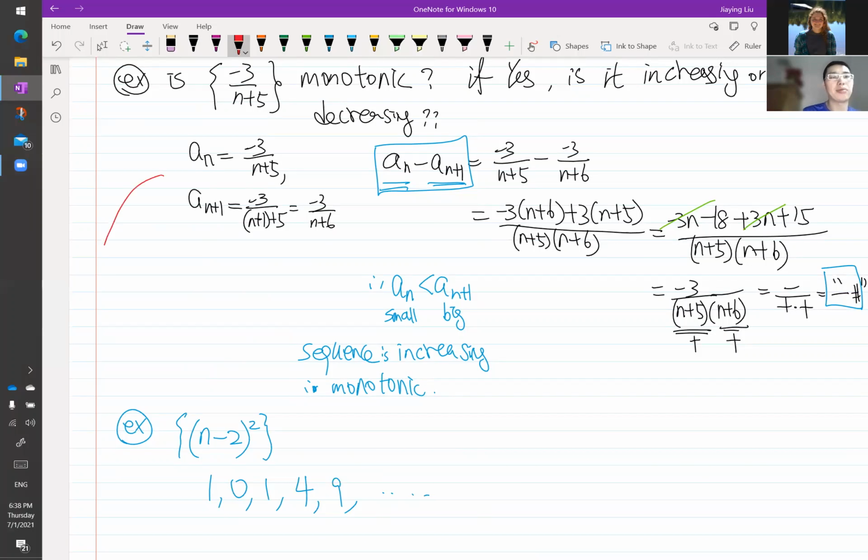I might be wrong, but it goes down and then goes up. So you have a sequence that decreases and then increases. That's how weird that example is. Sometimes you might have a sequence that goes up and then goes down again. So is it increasing or decreasing?